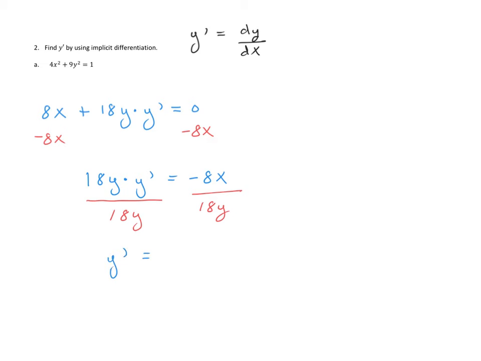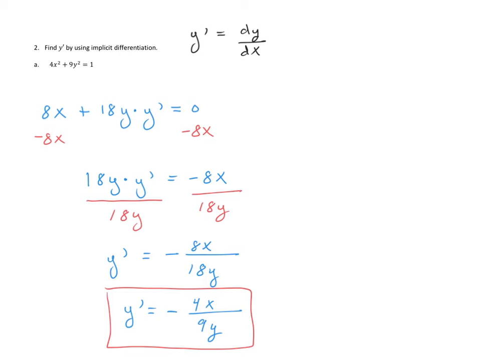Y prime is equal to negative 8x over 18y. I see there's a factor of 2 that can be reduced. That means we get negative 4x over 9y. And this is my answer. So again, just to point out, we got this y prime after we took the derivative, and then we just solve for it thereafter.